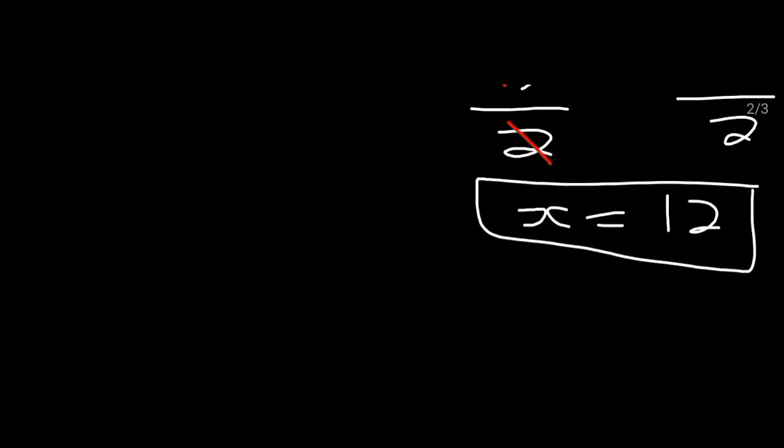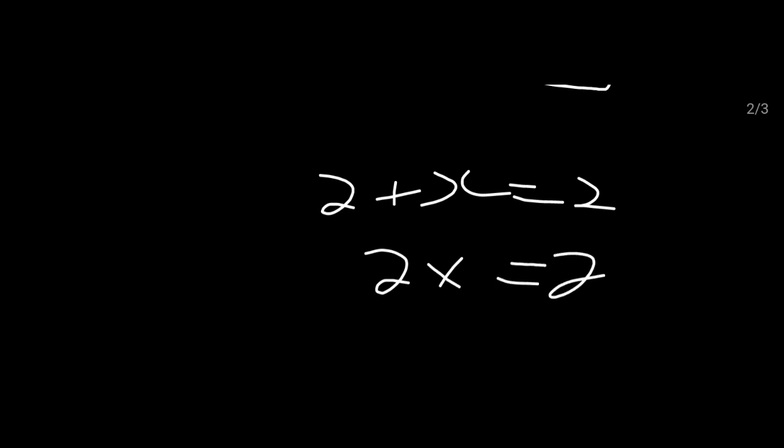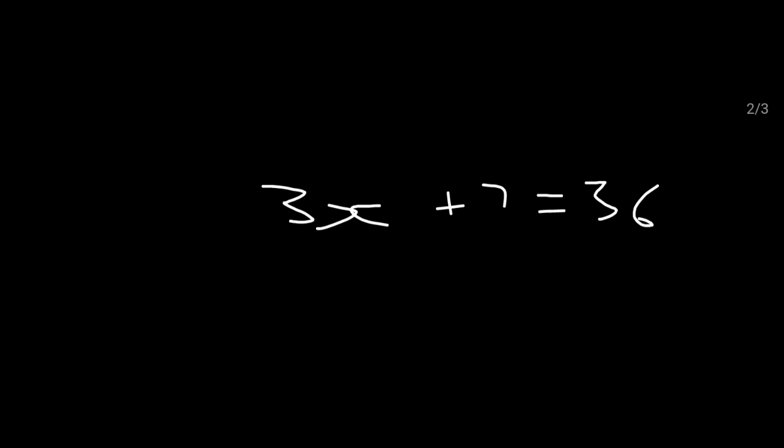It's not like you will always solve for x in just this way. Just know that they can mix these, for example giving you 3x plus 7 equal to 36, whereby you have to transpose first and then, after transposing, remove the coefficient by dividing.